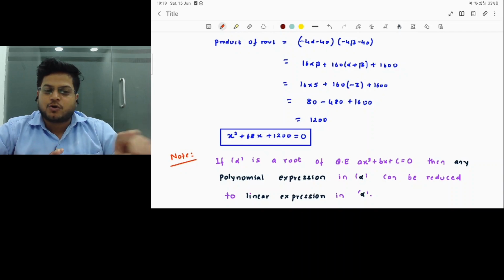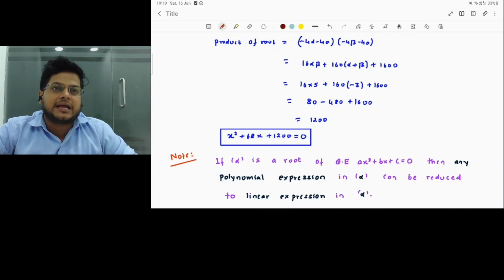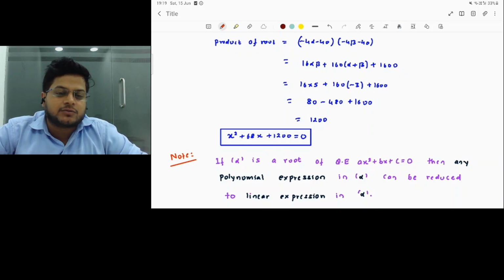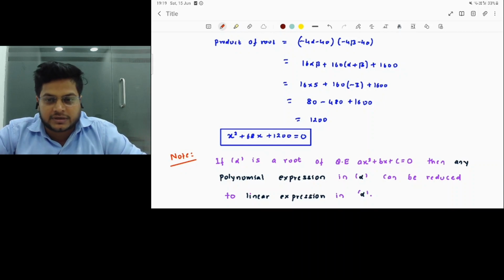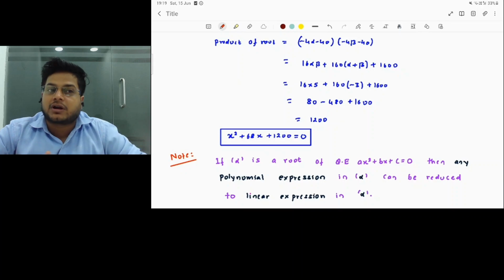So if you go back and see the video again, you can see that very smartly I have only mentioned that ax square plus bx plus c equals 0. I did not use the word quadratic equation. Right? So when I don't mention quadratic equation, it means that there is a possibility that a can be equal to 0.